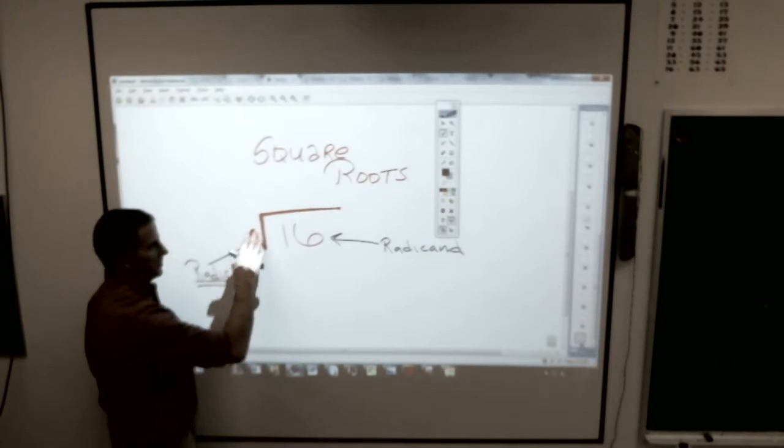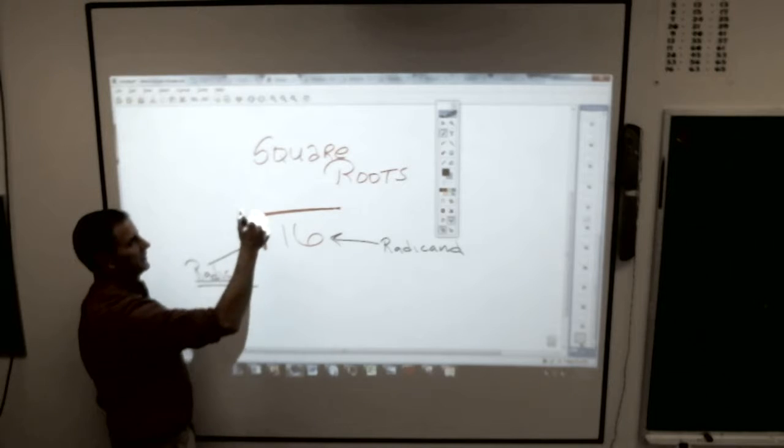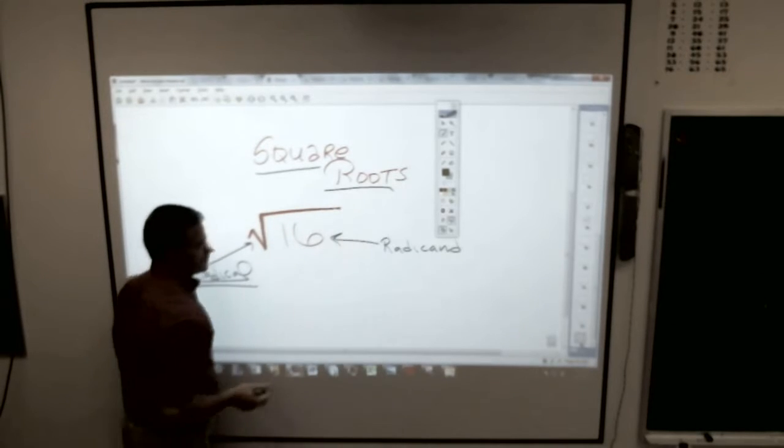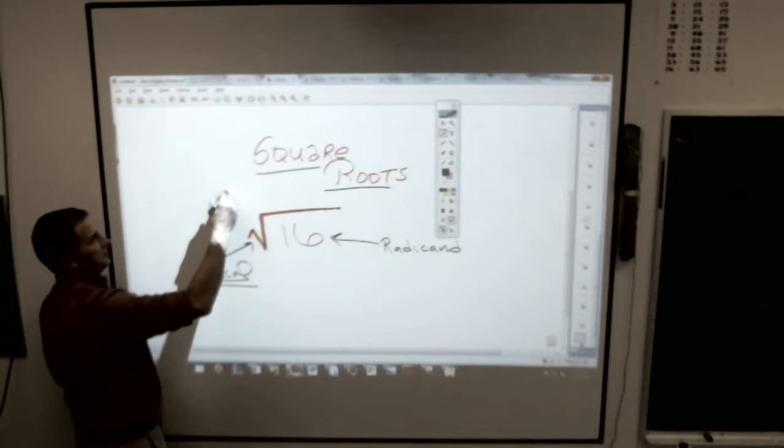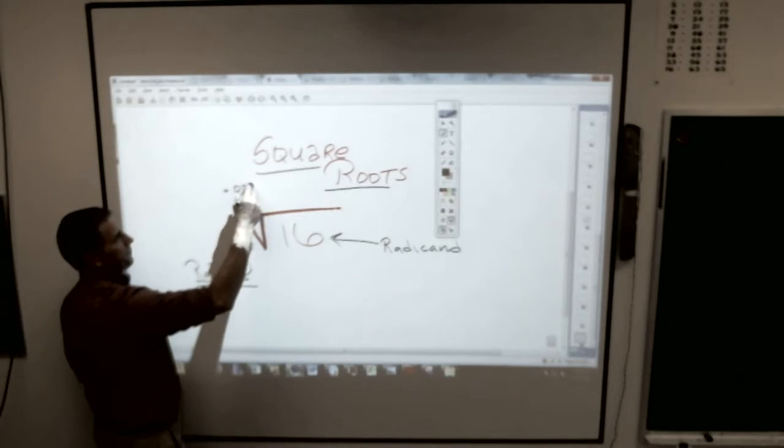And a lot of times there's a number up here, but when there's no number up here, it is a square root. And a square root is really the opposite of squaring something.